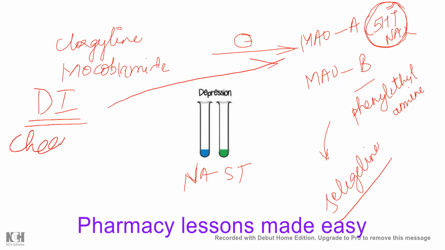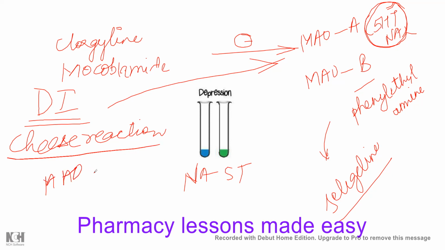That means those patients who are actually taking antidepressants, okay, they should not take large quantities of tyramine containing foods like cheese, protein, beer, meat, fish, etc. when we take monoamine oxidase inhibitors.